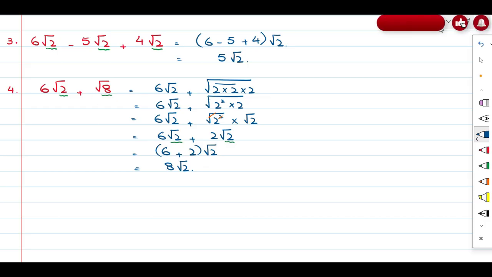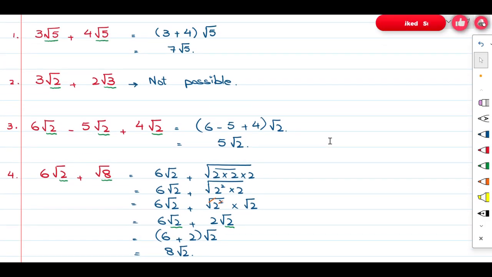So now you understand how we add and subtract surds, but the main concept is that under the root sign the number should be the same, and if the number is not the same then you can decompose it if it is a composite number. But if both numbers under the square root sign are different and both are prime numbers, then the simplification of those two surds is not possible.